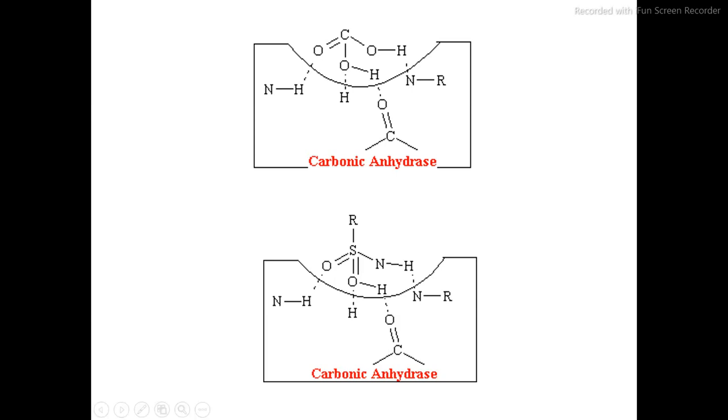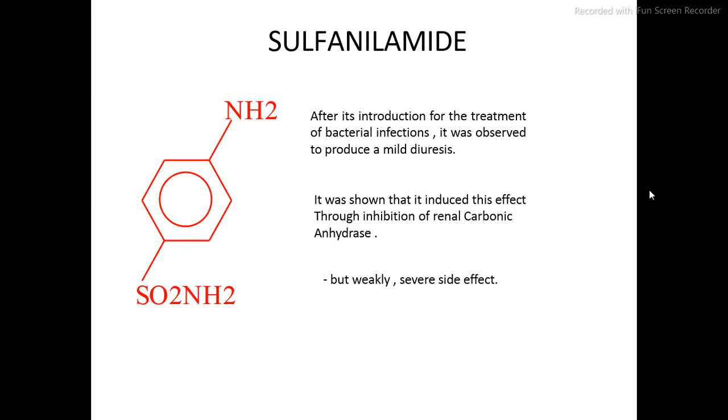This is sulfanilamide, which has antibacterial activity, and after the introduction to a bacterial infection, it was observed that it produces a mild diuresis that can be considered because of some effects on the kidney.